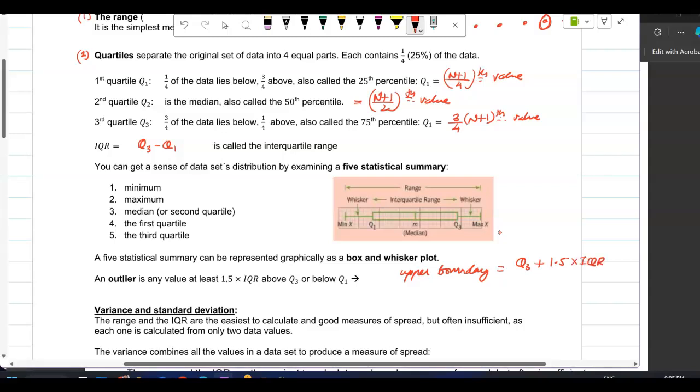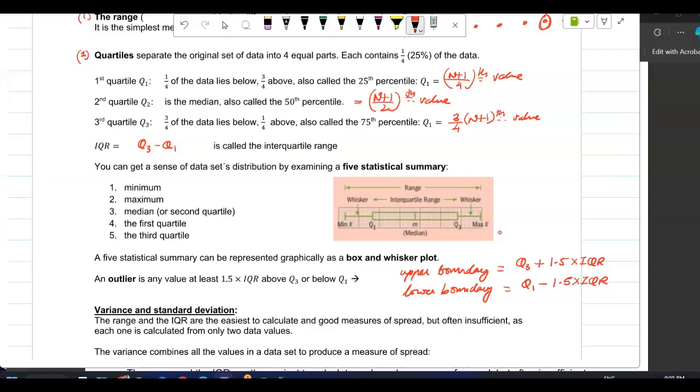If any value lies above this, it is called an outlier. The lower boundary will be Q1 minus 1.5 times IQR.